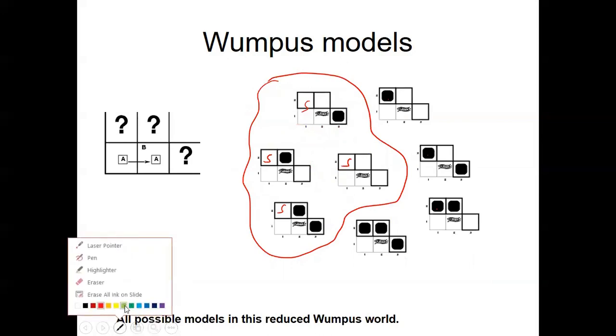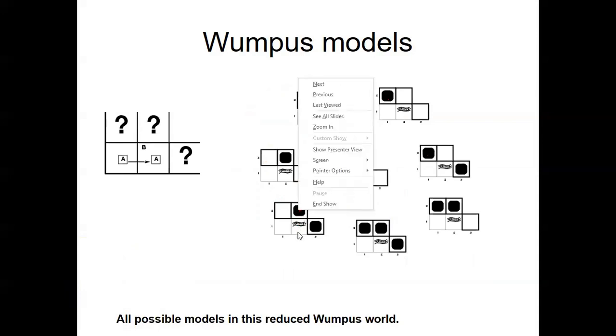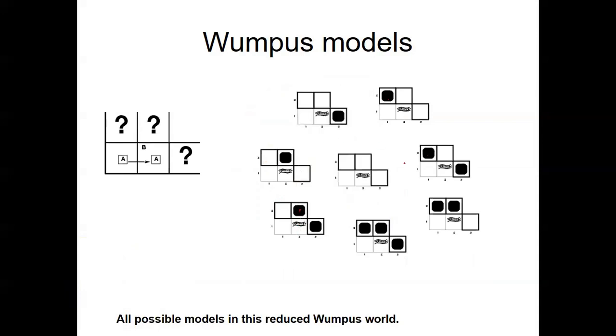From here, 2 comma 2 is this position. In which states is 2 comma 2 safe? Here it's not safe. Here it is safe, not safe, not safe. Here it is safe. So this is the world where 2 comma 2 is safe.